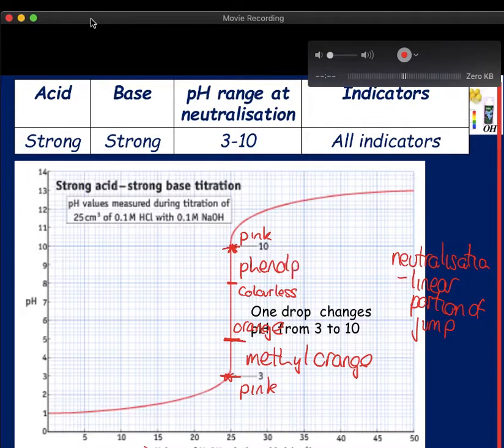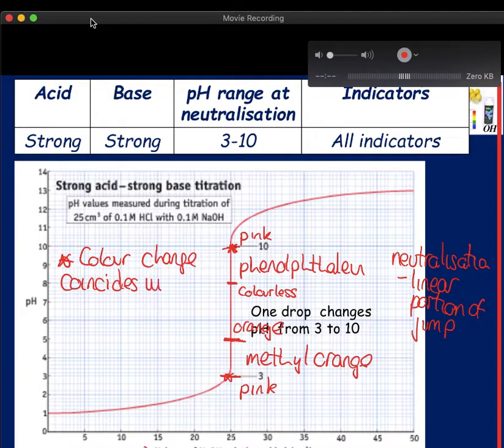We use phenolphthalein. The question they can ask is, why did you select this particular indicator? And the answer that you would like to give them is that the color change coincides with the sharp part of the curve, with the sharp rise on the graph.